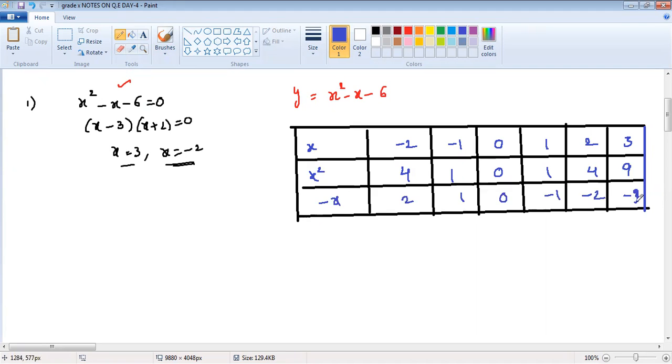So minus 3. The next rows you can take for your convenience, this is your comfortability.